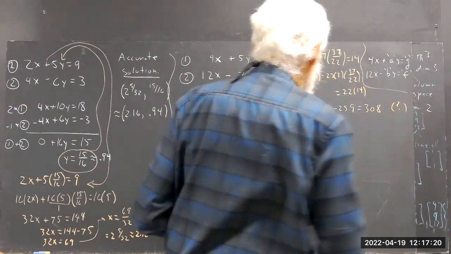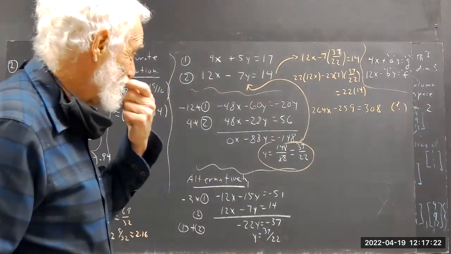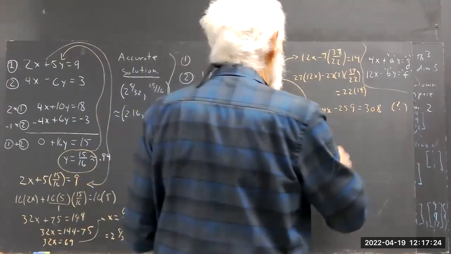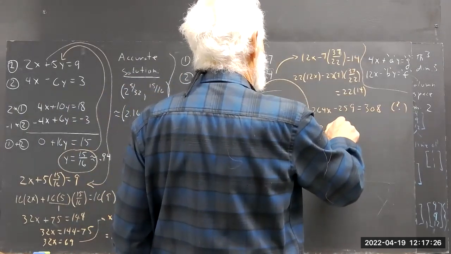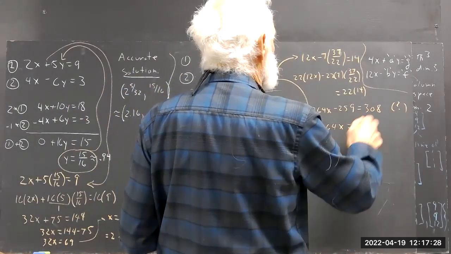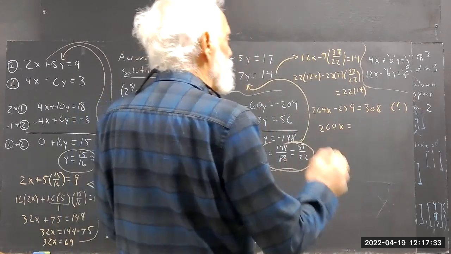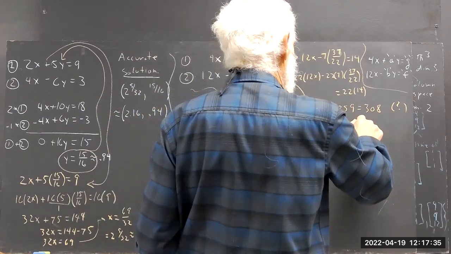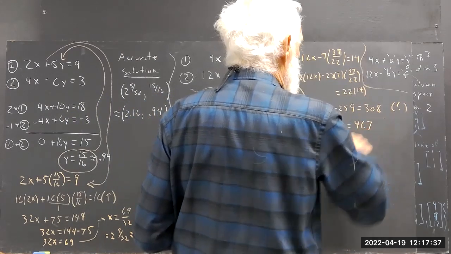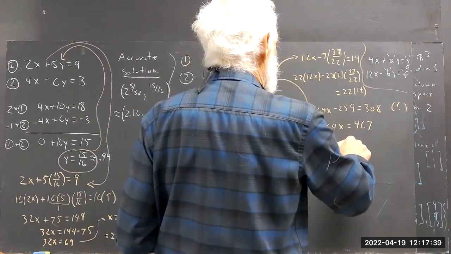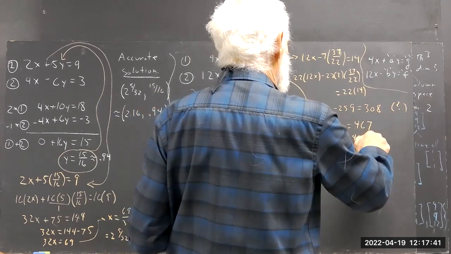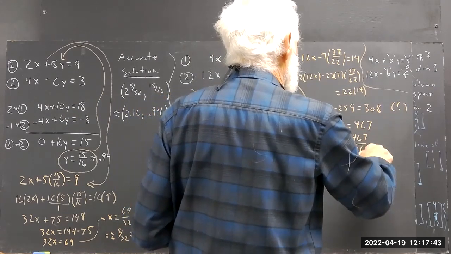Put a question mark on that, and I'm going to take my calculation. And you get 264x equals 308 and 259. That's going to be 450 and 17, 467. So that X is 467 over 264.